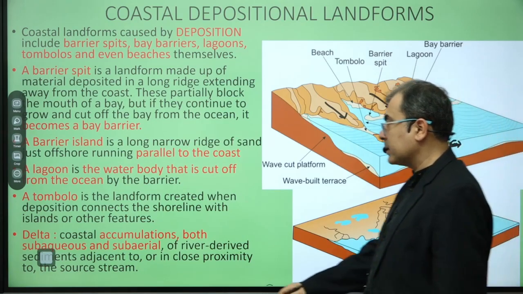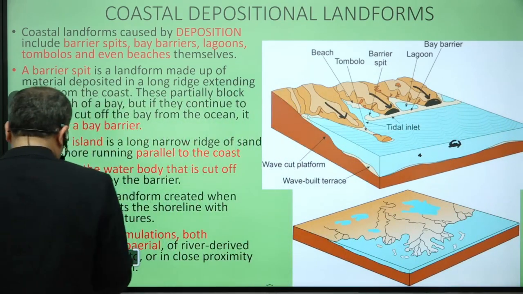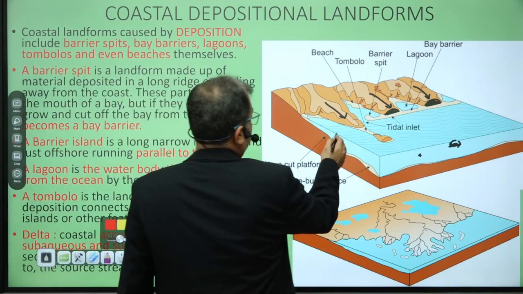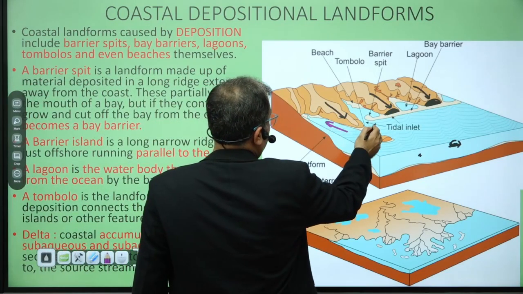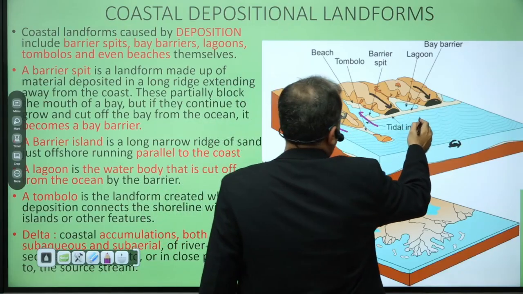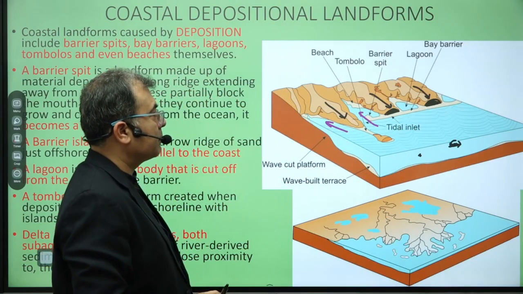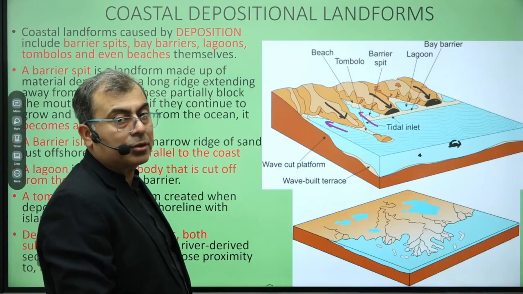So wave ने क्या किया इसमें जाकर? The waves have created bays. Yes or no? Can you see bays have been created? ये bay बनाया, ये bay बनाया. Yes. Now what is happening is everyone, the longshore drift comes into action.